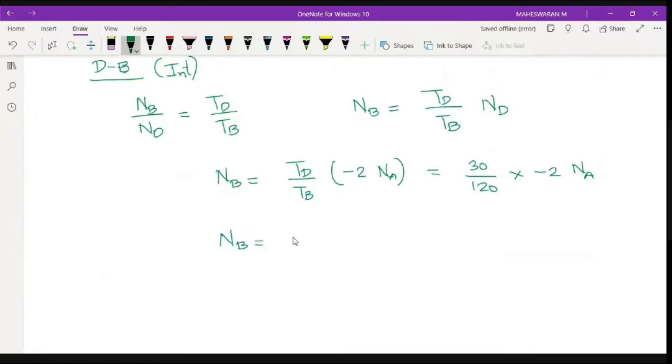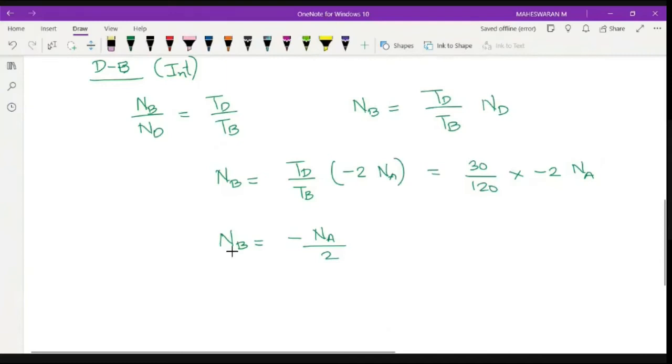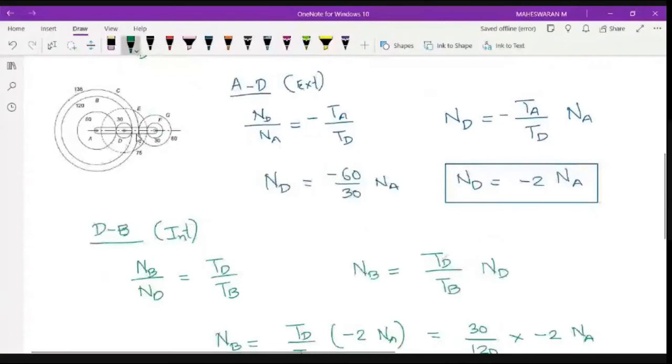Minus 1 by 2... NB is equal to minus NA by 2. This is my second relation, in terms of D and B. Okay, that is over. There is no other connection with B, right? B is standing separately, so you leave that.